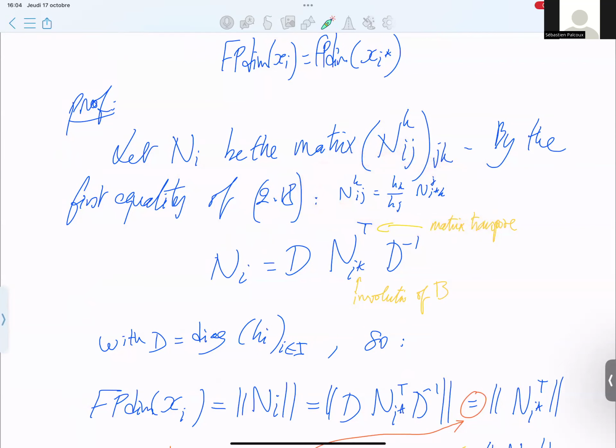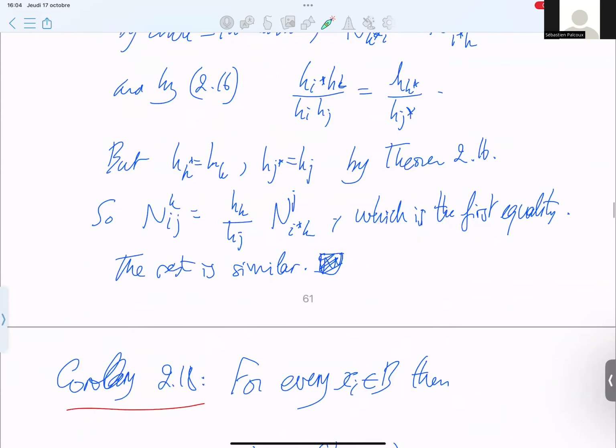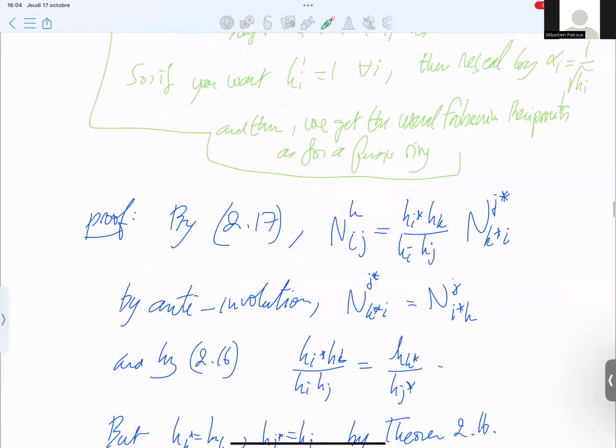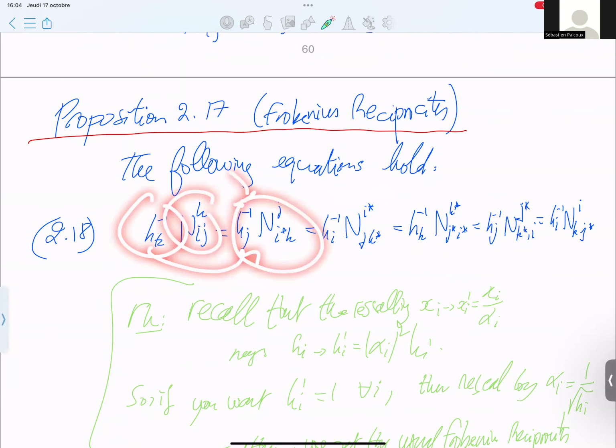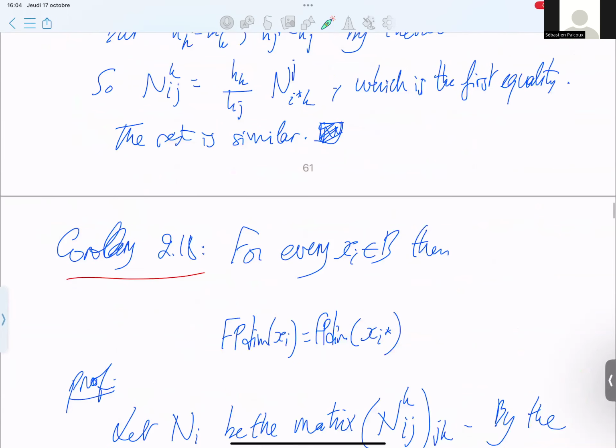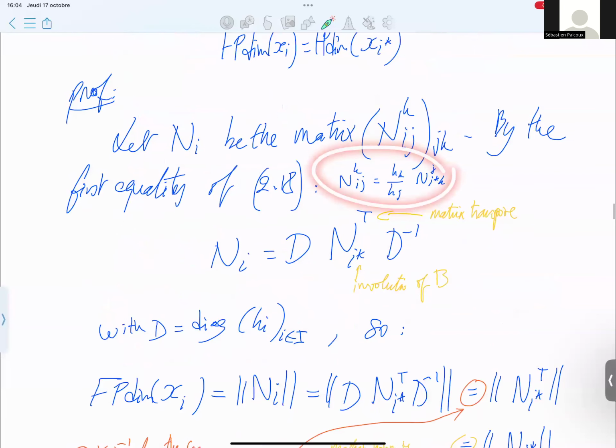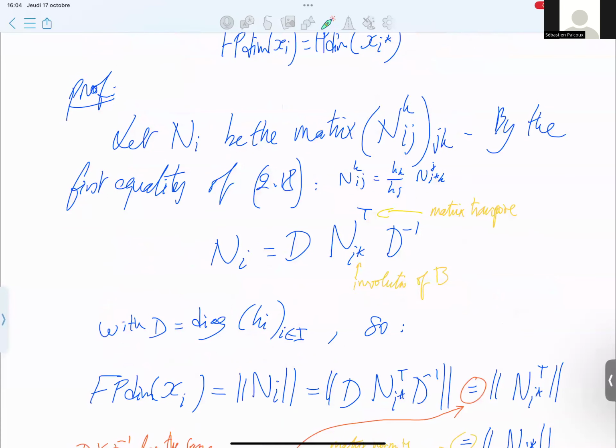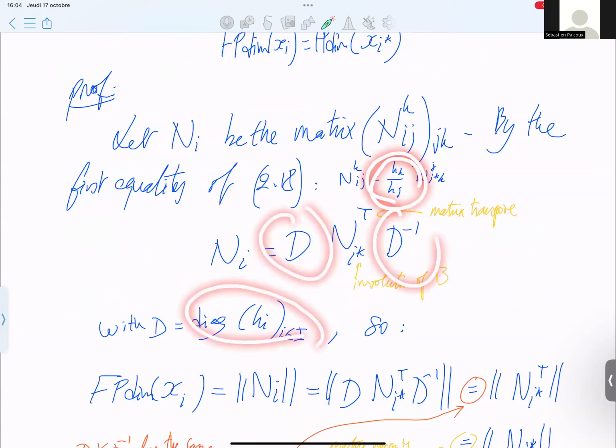If you put this coefficient here, you get this equal to this with a ratio. So this is exactly here. And then, this is what I said. The fusion matrix of the dual is the adjoint of the fusion matrix. Here we only need to care about transpose because everything is real. But because we are in a hypergroup, we have to care about some renormalization. This is a renormalization matrix.